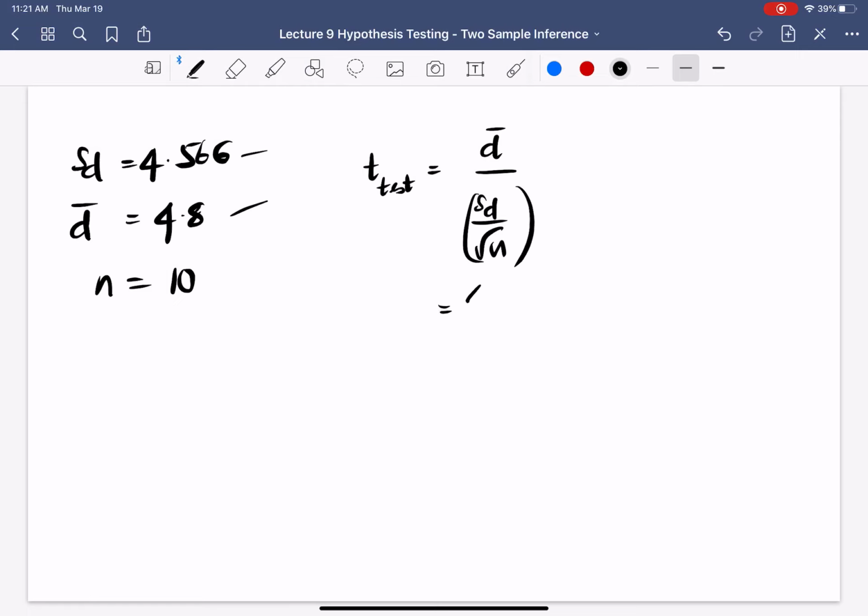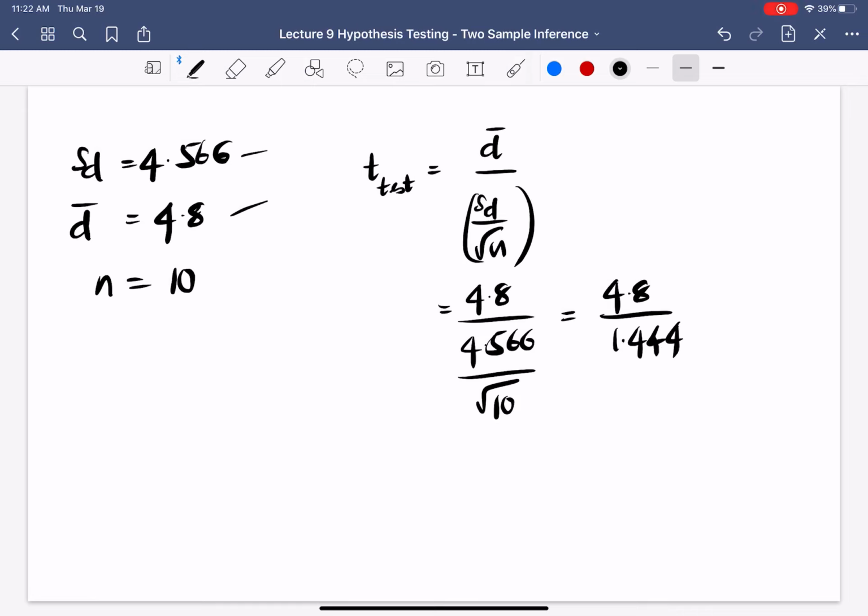So D bar is 4.8 divided by 4.566 divided by root 10. So it becomes 4.8 divided by 1.444. So it becomes 3.32. So that's the T of the test value.